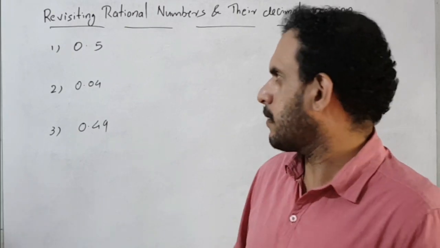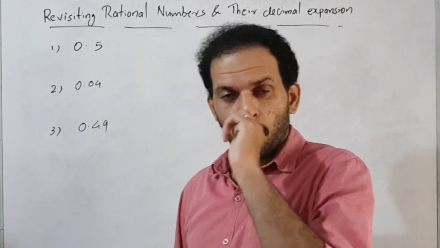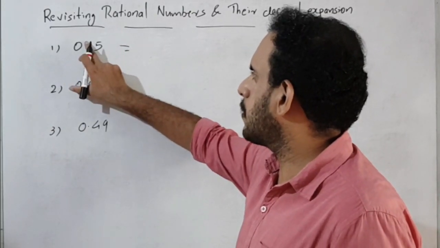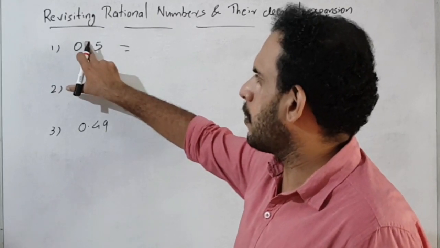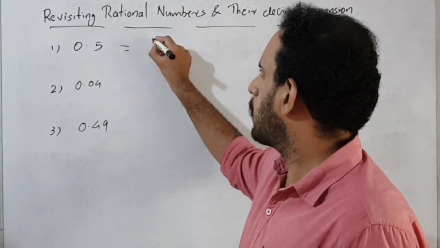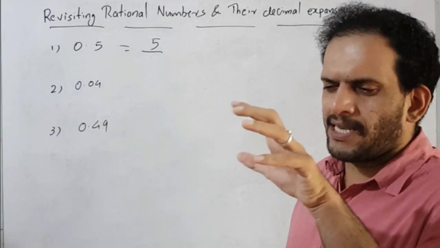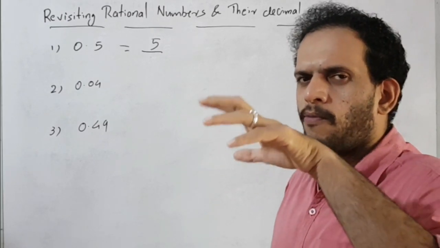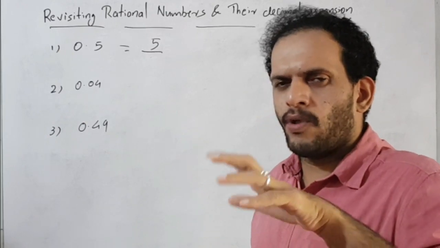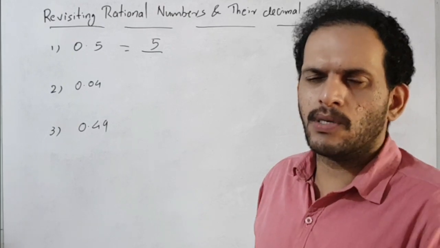Correct? Then how do we write? A terminating decimal expansion is very easy to convert into the form of p by q. How? Then 0.5 is equal to, first we avoid the decimal point, correct? Then what number do you get? 0.5 is the same as 5 by something. We know how to convert a decimal expansion into the form of a fraction: the decimal expansions are fractions with the denominator 10 or powers of 10, correct?